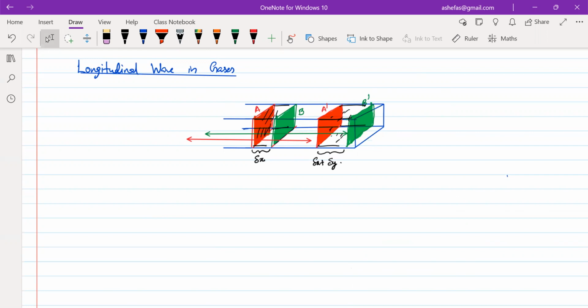So consider some propagation of wave through gas.